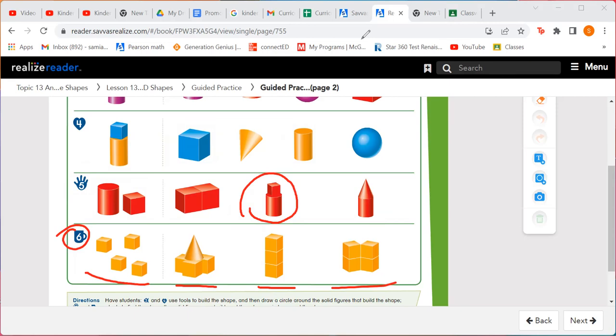So this first one has a cone, and we don't have a cone to use to build something. This second one here, I see 3 cubes stacked on each other, but we have 4 cubes. So it looks like there are 4 cubes here, and they made that shape. All right, let's move on.